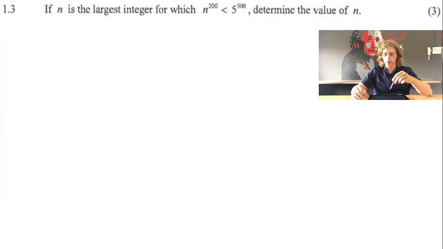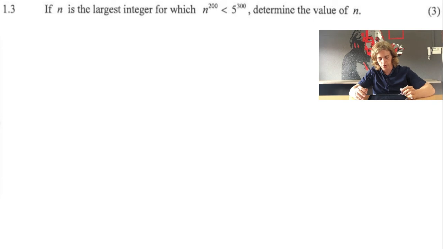So first, what we want to do is find the same power for both of these terms. We've got n to the 200 and 5 to the 300, and what you can see is that 200 and 300 both have a multiple of 100.